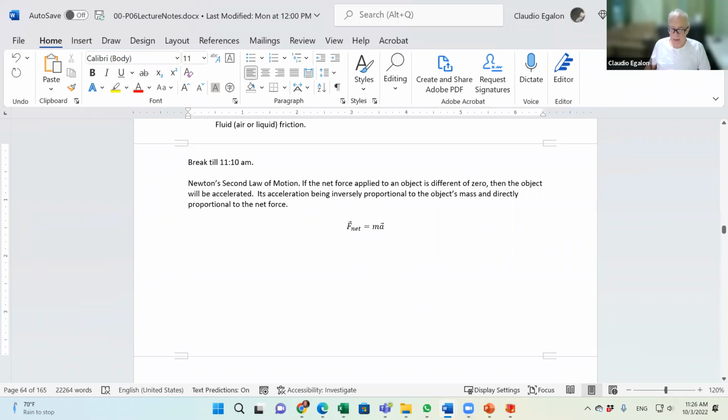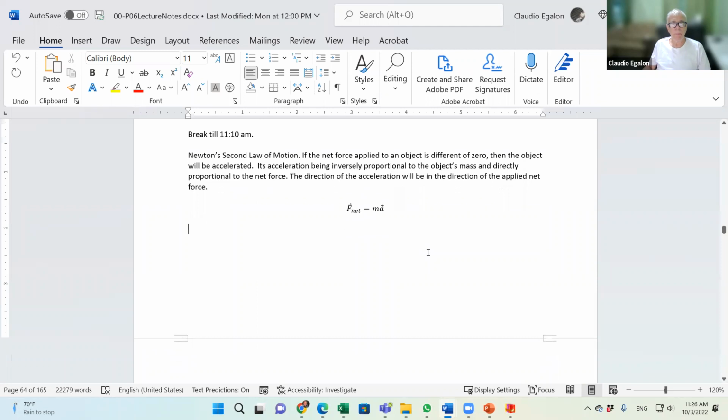By the way, the direction of the acceleration will be in the direction of the applied net force. Okay, that's how you write Newton's second law.